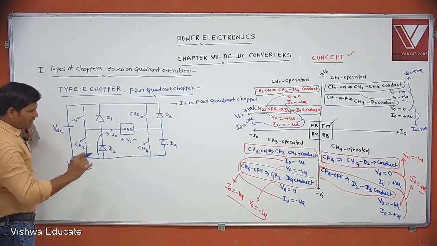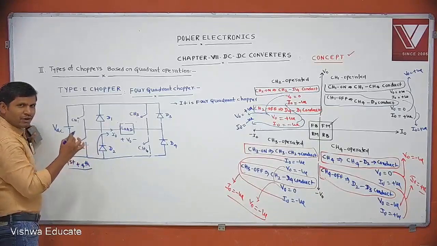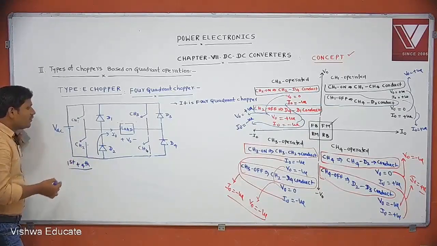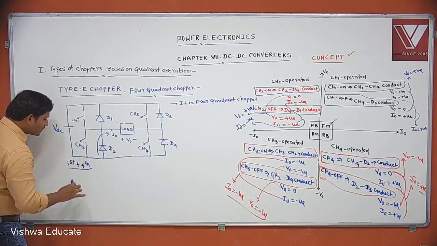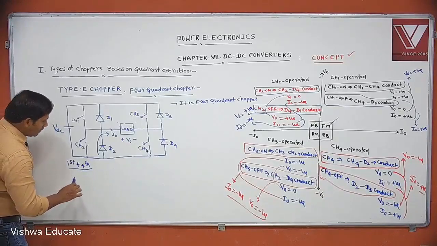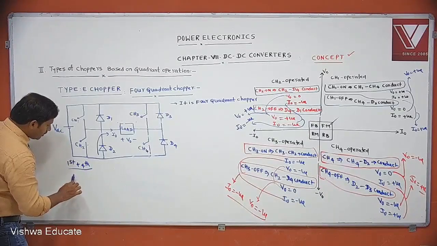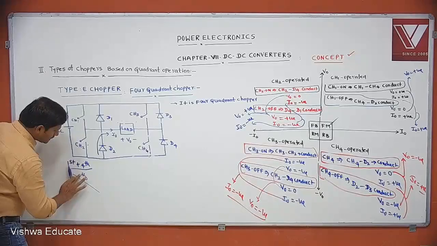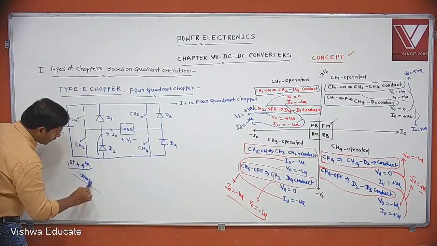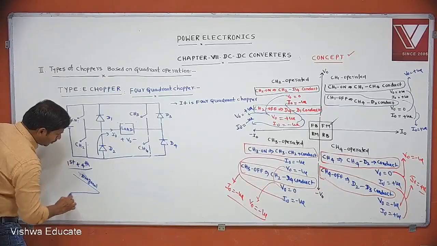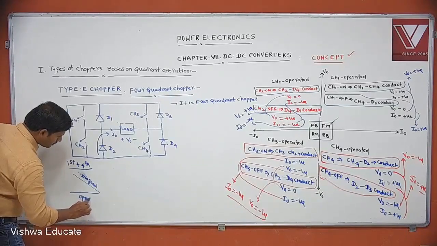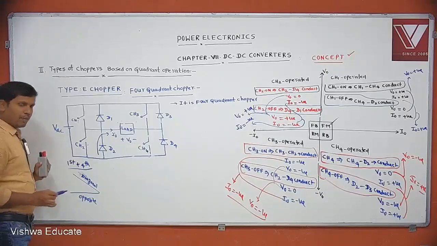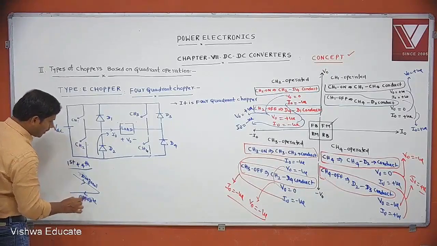This is not a concept, just a remembering trick for objective questions. For the first and fourth quadrant, apply this rule: first diagonal, then take the opposite.